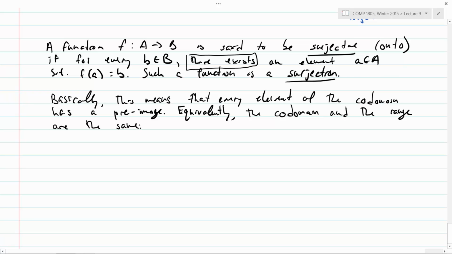Okay. So in a function diagram, in the diagrams we've been doing, it means that there is at least one incoming arrow to every element in the output set.